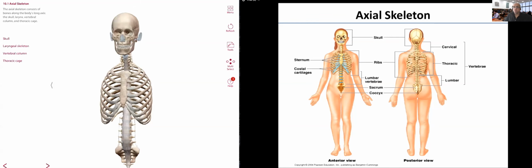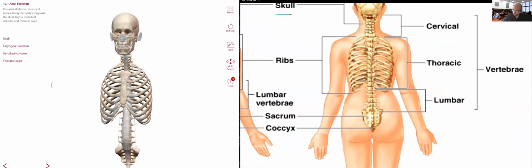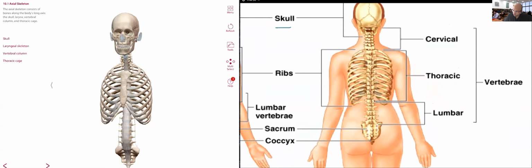All right, so starting first, if you remember, we divided the skeleton into two main parts, the axial skeleton and the appendicular skeleton. The axial skeleton is formed by the skull, the thoracic cage, and the vertebral column. You see on here, the vertebrae are either located in the neck, and something related to the neck is called cervical.